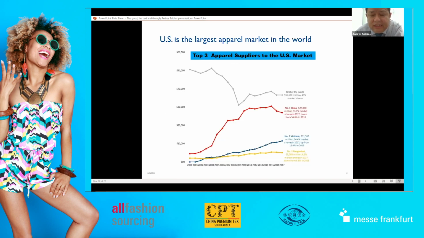As you can see, this has been changing if we analyze the three major suppliers to the US: China being number 1, Vietnam number 2, and Bangladesh number 3. Starting in 2016, China has been dropping in imports and the rest of the world is growing. That means there's a switch. While China is going down because of the reasons I just explained, the rest of the world has huge opportunities to gain that market share.